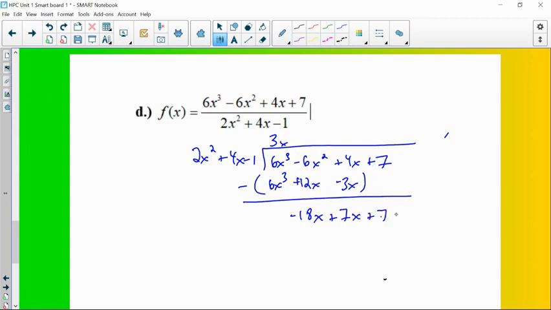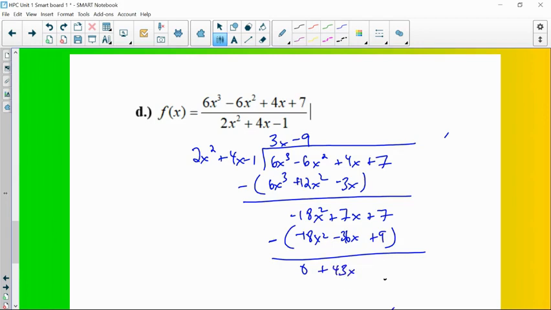Bring down your 7. And so now we get negative 9. So negative 9 times 2 is negative 18x squared. Forgot my squareds there. Negative 9 times 4 is negative 36x. Negative 9 times negative 1 is positive 9. So we subtract once more, and our negative 18s cancel. 7 minus negative 36 is positive 43x, and then 7 minus 9 is negative 2.